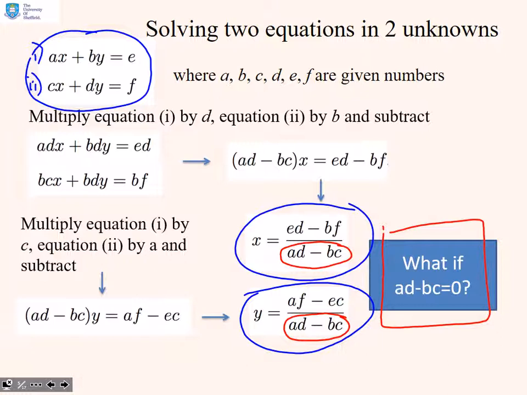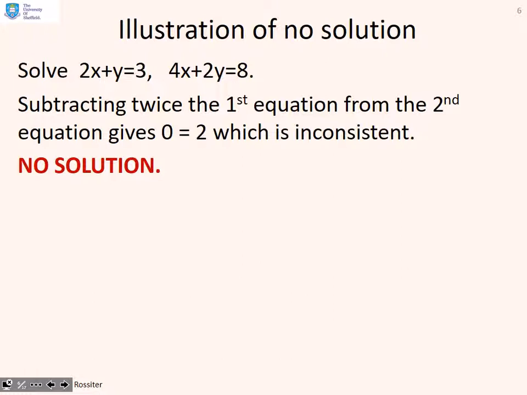If that was 0, what scenario have you got? No solution? Infinite number of solutions? Well, we're not going to answer that, but the key thing is that you're aware there is a question to be answered.